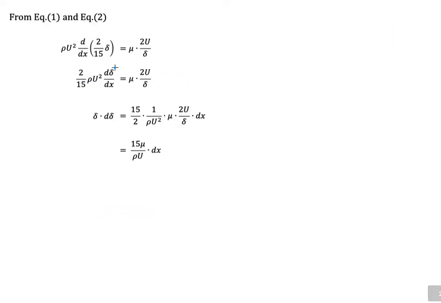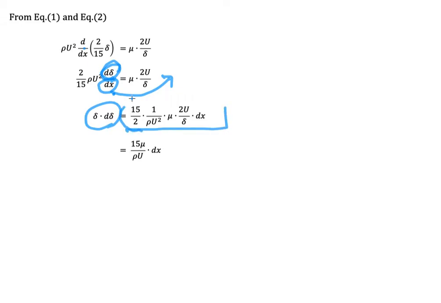Because we have d delta over dx here, what we need to do is bring the d delta to the right hand side, and then we bring all the terms to the right hand side except the terms of delta. So we have delta times d delta equal to this one.